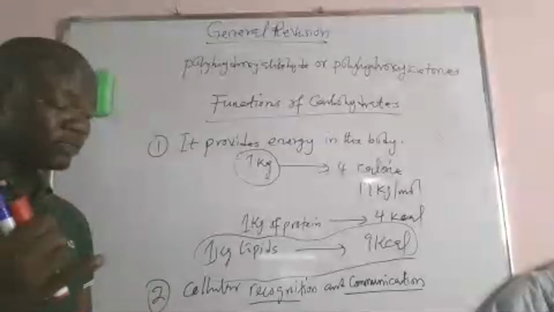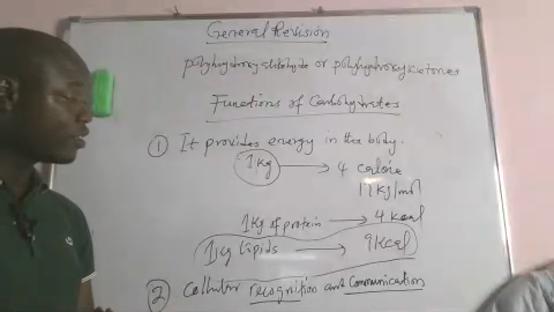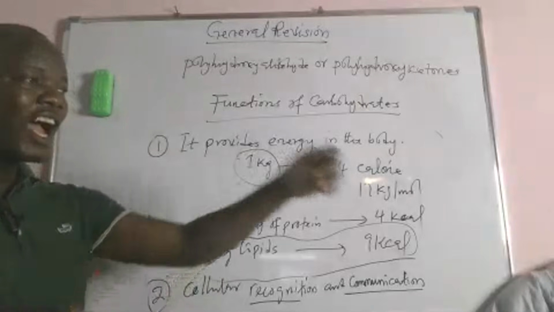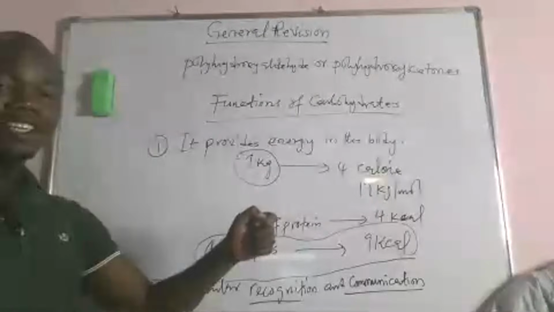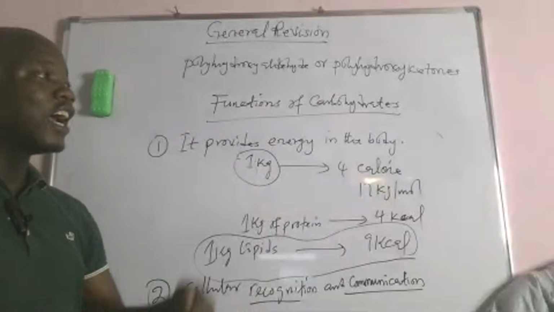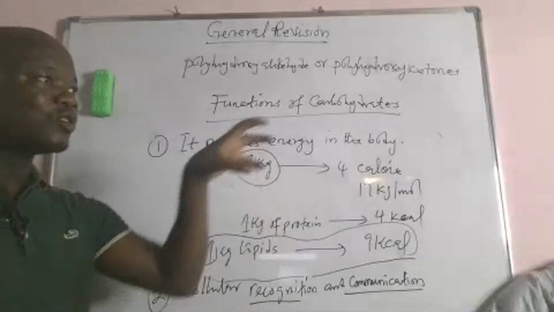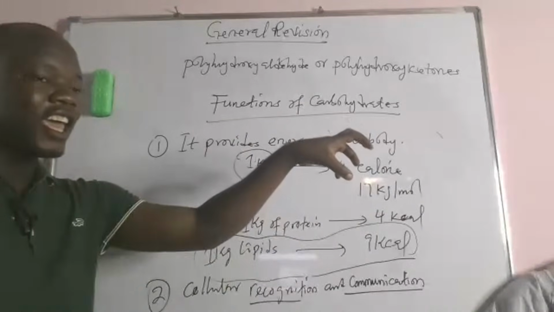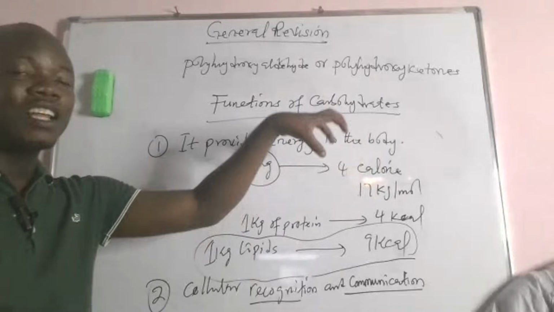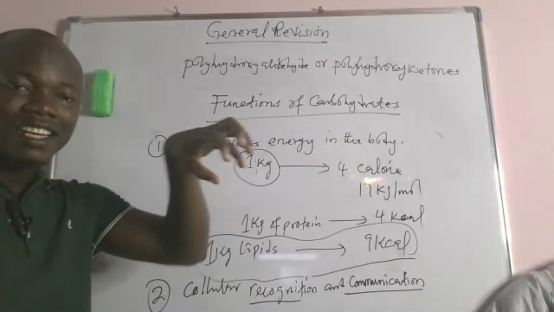That is number one. Second, during fertilization, how can a sperm cell recognize that this is an egg cell?